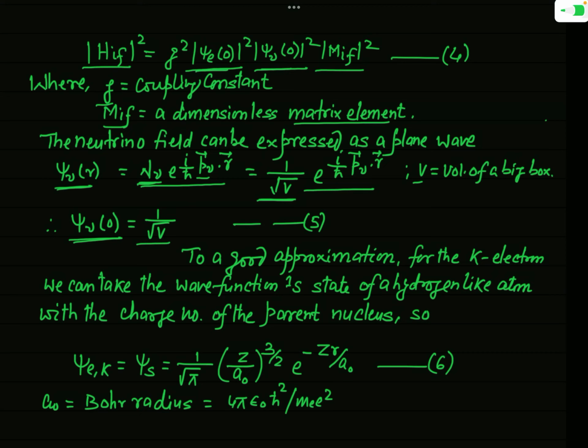Then for a good approximation for the K electron, we can take the wave function of the 1s state of a hydrogen-like atom with the charge number of the parent nucleus. It means in this condition we will consider that there is an atom in the 1s state, and its charge number, that is the number of protons, is the same as that of the parent nucleus.